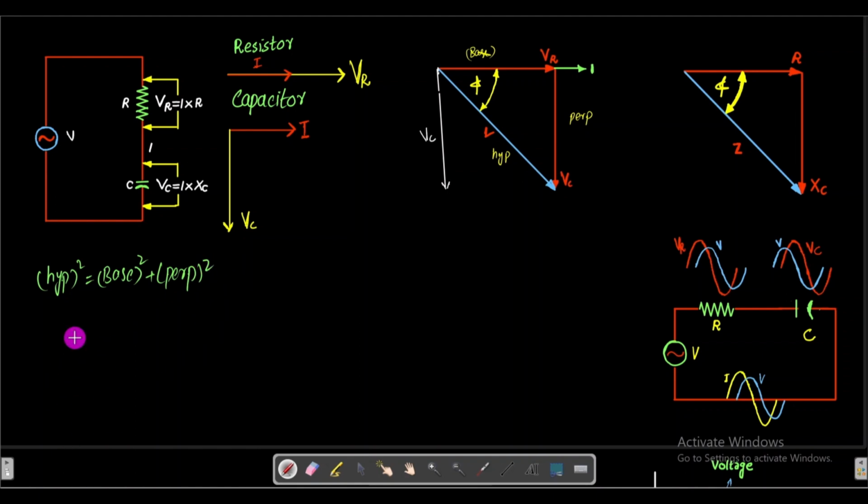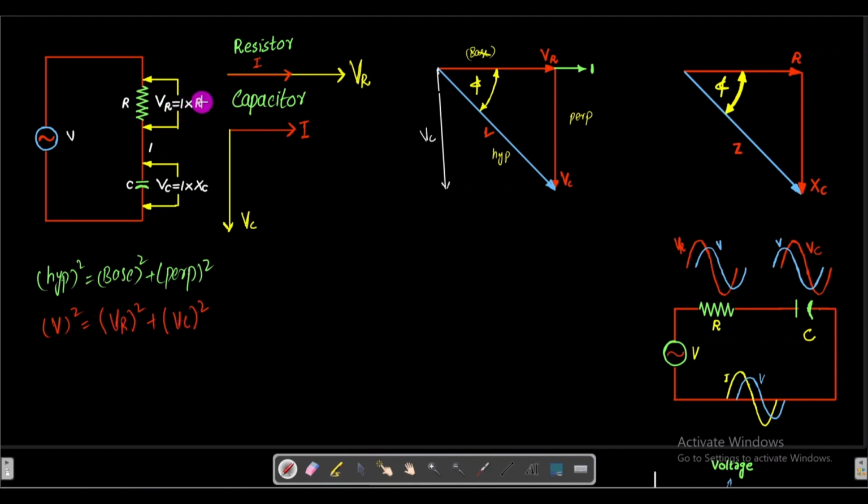So hypotenuse is actually this V, so V square is equal to base, which is this VR, whole square, plus perpendicular, which is this VC, whole square. So we have to put the value of this VR and this VC.